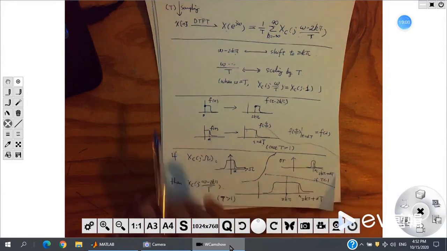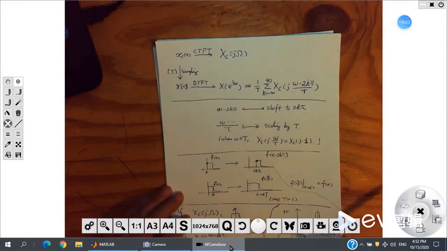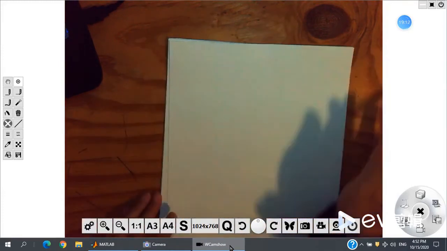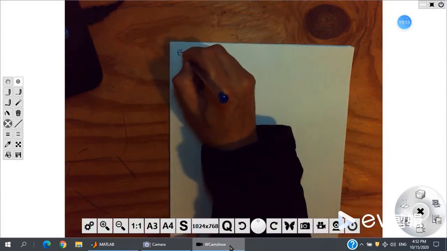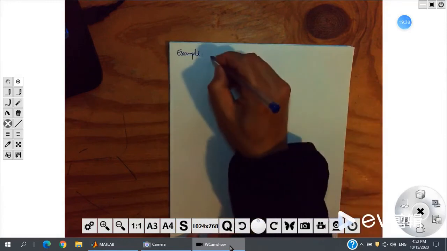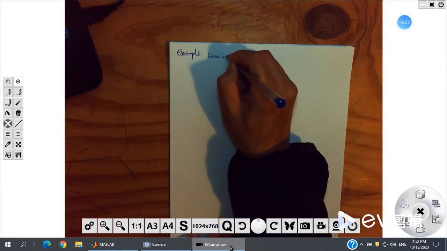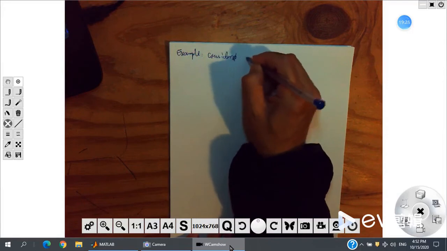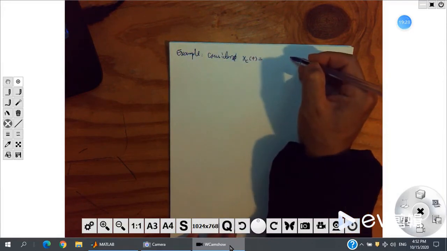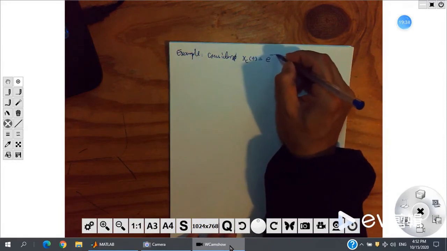Alright, we can use an example to see. We consider a signal xc of t, which is e to the negative t times u of t.